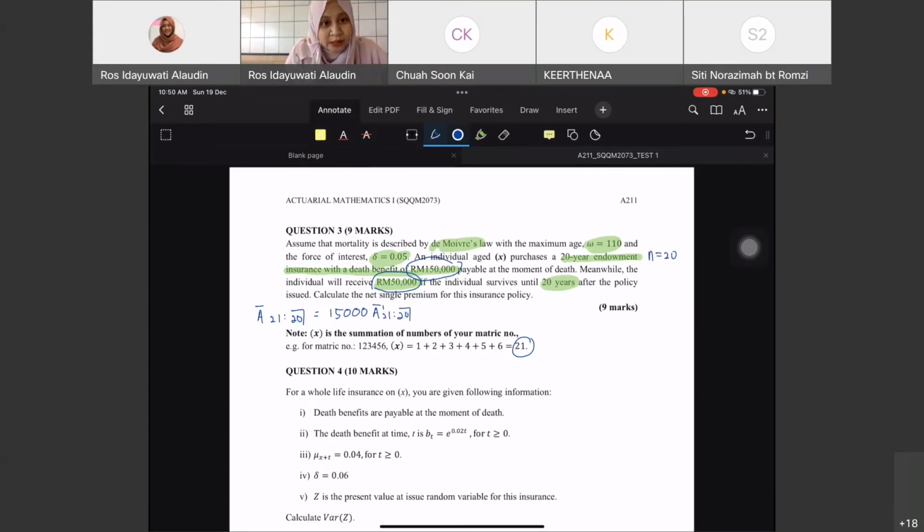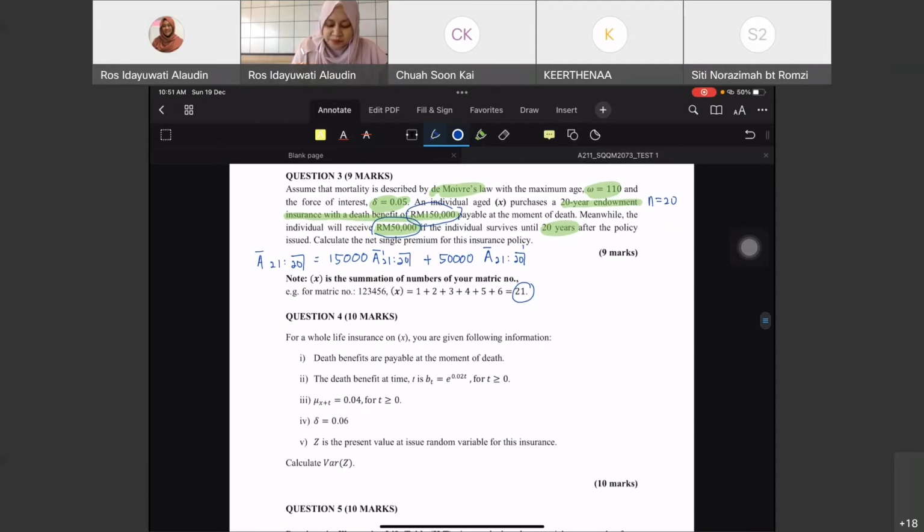So we put 1 on the top of each, plus 50,000 for the pure endowment. So how do you write the pure endowment? So 1 on the n. Okay, so you can solve for that question.